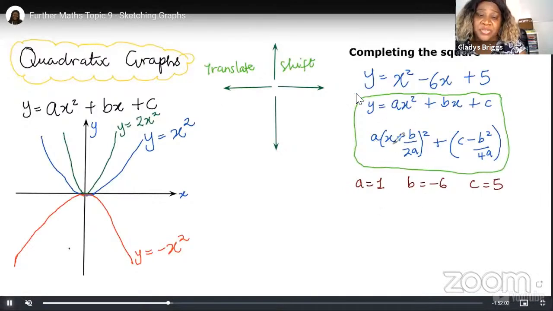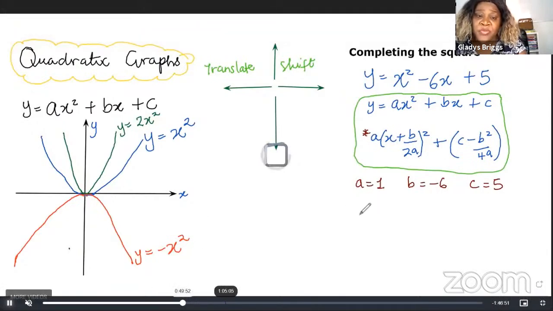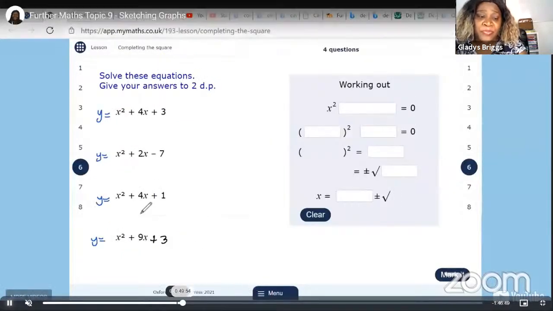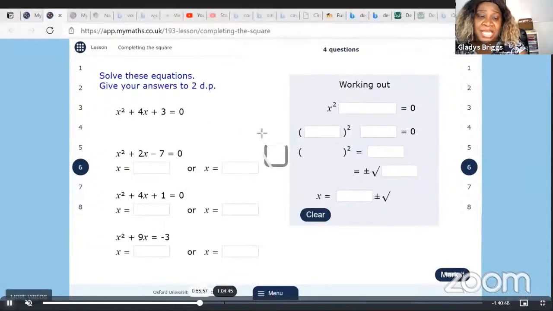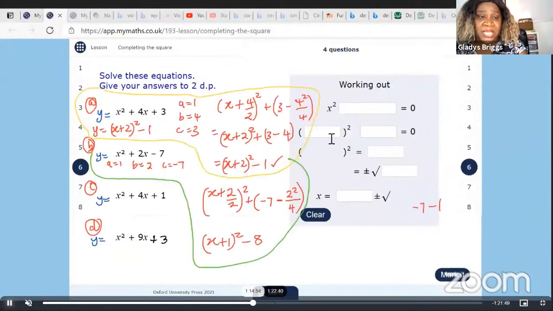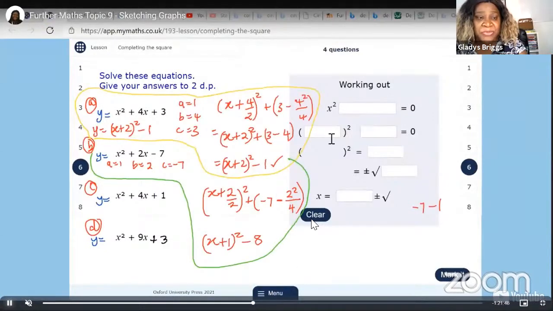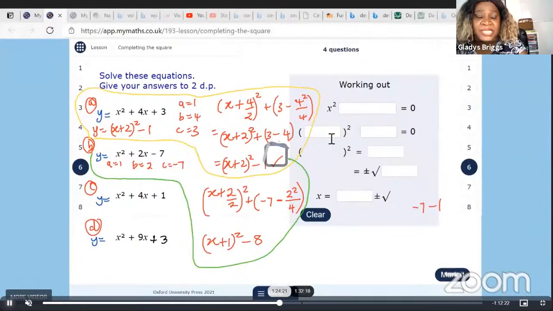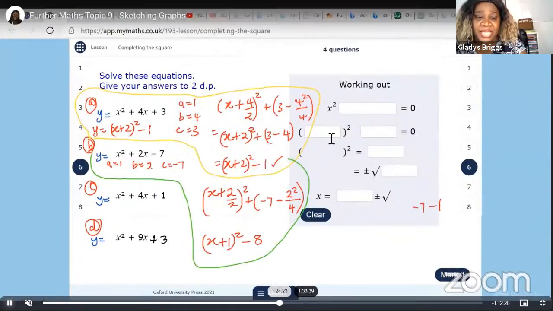And I showed you the formula for completing the square, and you had to use that formula to do completing the square. We spent quite a bit of time doing completing the square. You need to know how to do it for the exams. If you don't know how to do it, you are going to struggle.